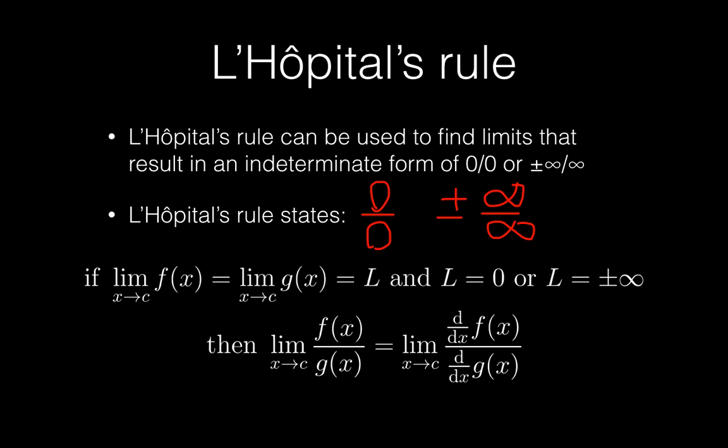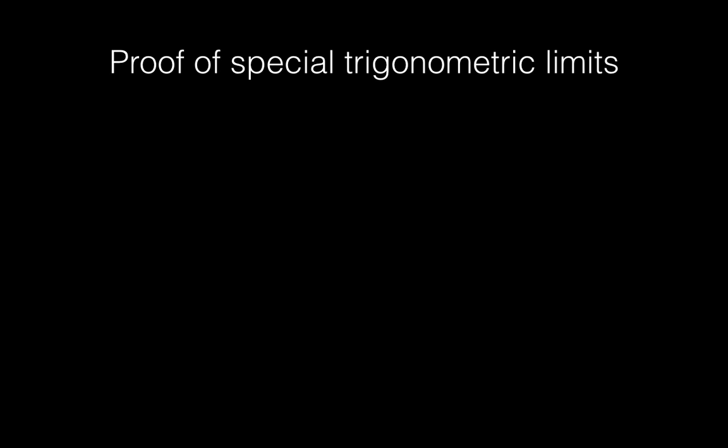you can then use this equality, which states that the limit as x approaches c of f of x over g of x is equal to the limit as x approaches c of the derivative of f of x over the derivative of g of x. Here I will do a quick proof of the two special trigonometric limits.